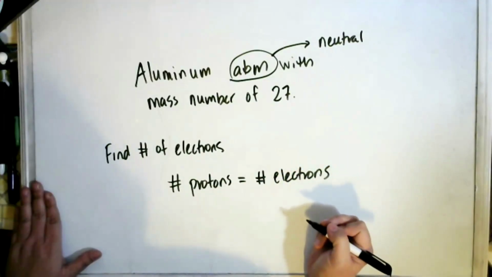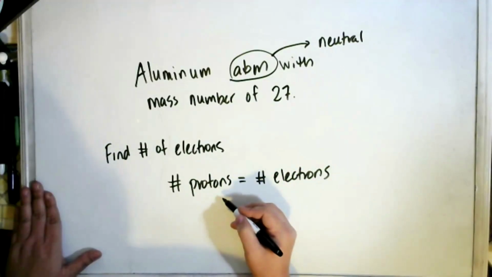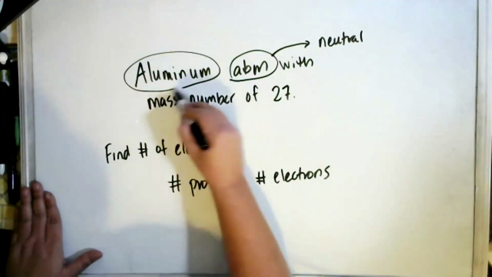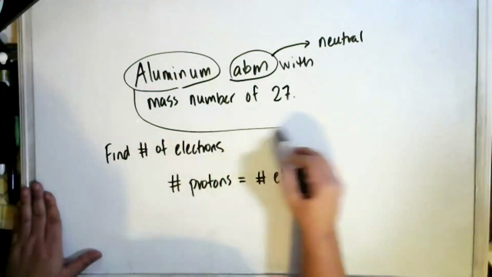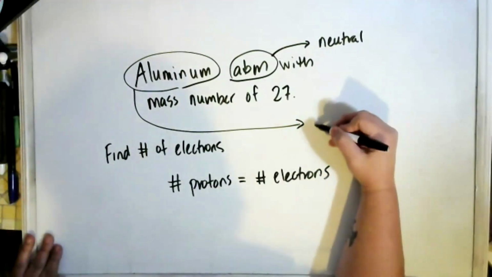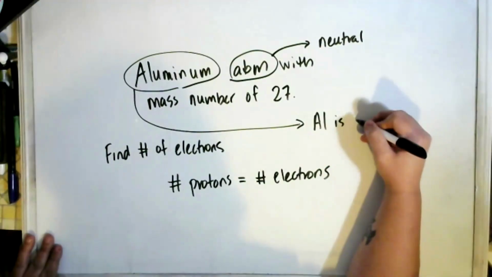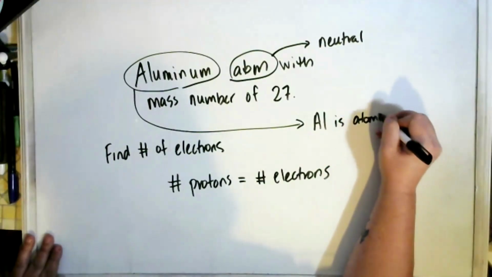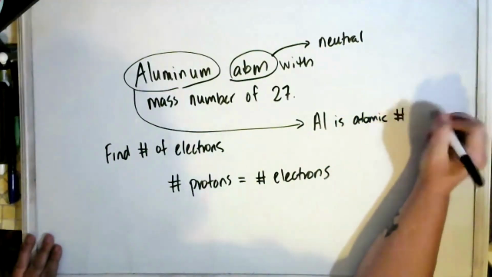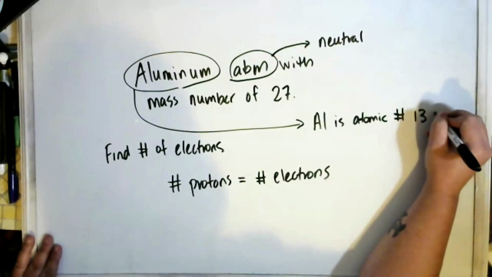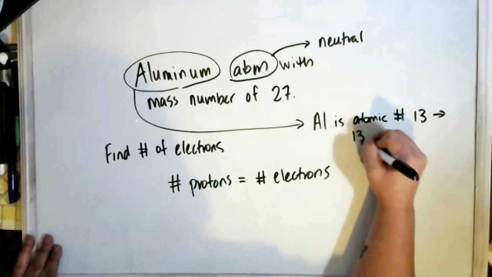To figure out the number of protons, we're just going to focus in on where aluminum is on the periodic table. Aluminum is atomic number 13, which means it has 13 protons.